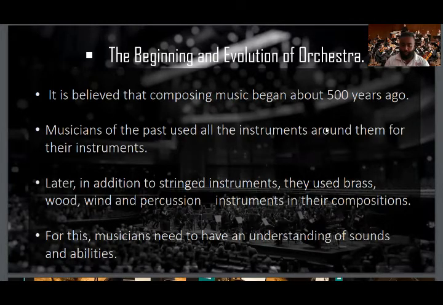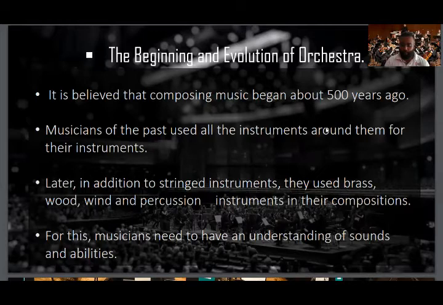The origin and use of the string family began around this time, and by about 1800 these string instruments had gained prominence. In addition, the use of brass, woodwind, and percussion instruments improved.